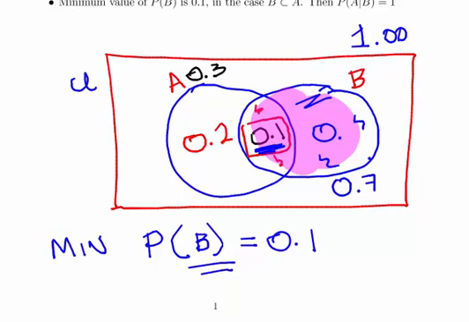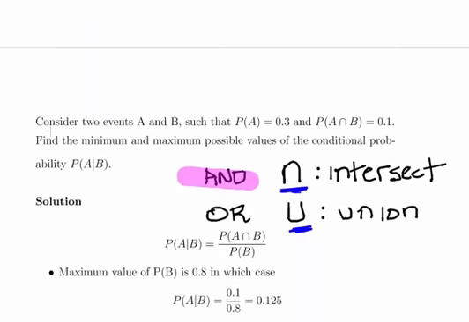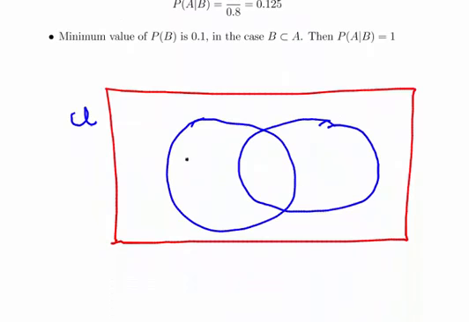The other possible outcome is, I just cloned that there for a second, I'll start this again. 0.2 here, 0.1 here. Now the other possible scenario is that the entirety of what is left over is entirely within B. This is the other extreme.